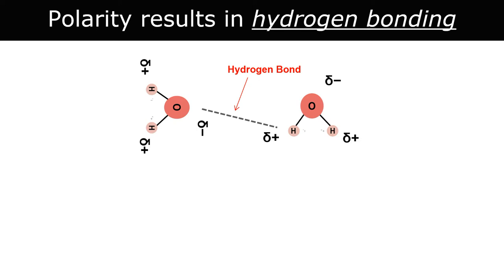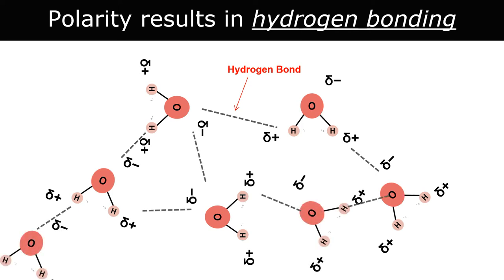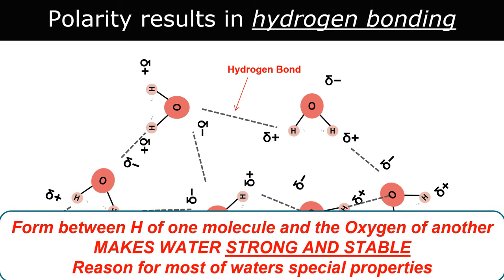And this doesn't just happen once. It's going to happen every time there is an interaction between the water molecules in that solution. So every single oxygen that's got a slight negative charge on it is going to want to interact with a slight positive charge on a neighboring hydrogen. So a hydrogen bond is going to form between the hydrogen of one water molecule that has that partial positive and the oxygen of a neighboring water molecule.